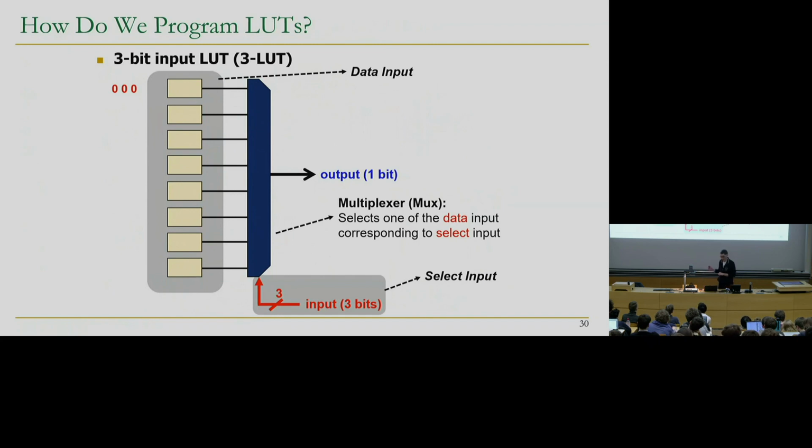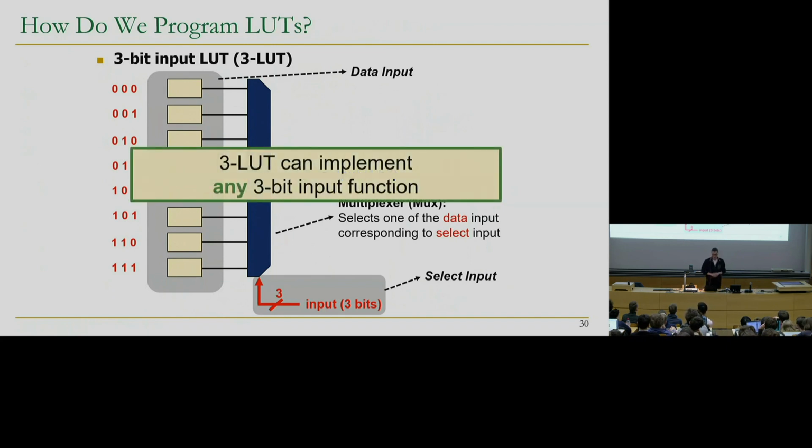So when you supply 3 zeros from this input, this yellow box at the top, or its data, is being read, right? Similarly, to read other cells here, what you do is just supply a different 3-bit input. Basically, a 3-bit input can be used to implement any 3-bit function.